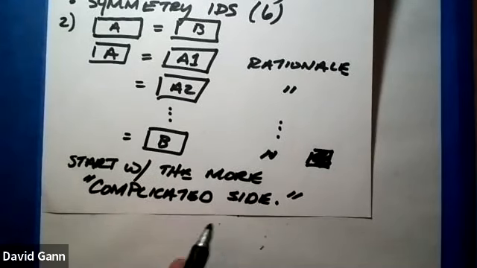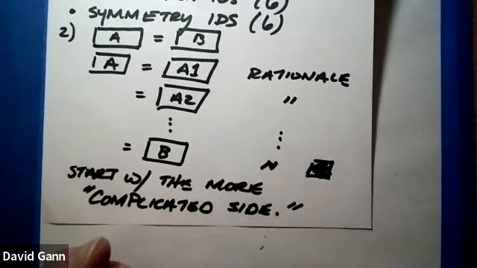So the question then is, maybe I could say real briefly, what is a more complicated side? What does that mean? Well, typically the way that I interpret a more complicated side is to think about how many algebraic operations are involved on any individual side. Division is more complicated than multiplication. Subtraction is more complicated than addition. Multiplication is more complicated than addition or subtraction.